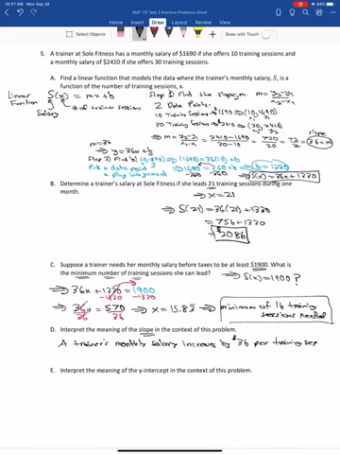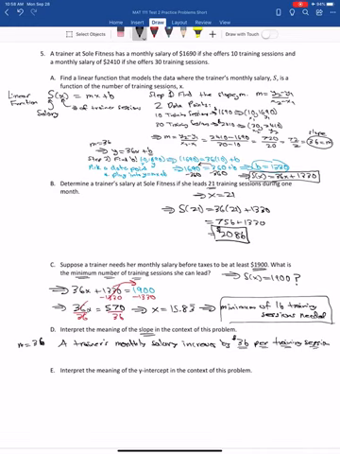That's slope, the rate of change. So again, remember M was 36. So that's $36 for every one training session. 36 over 1, rise over run.